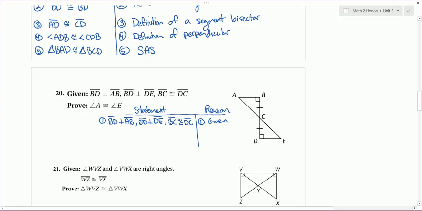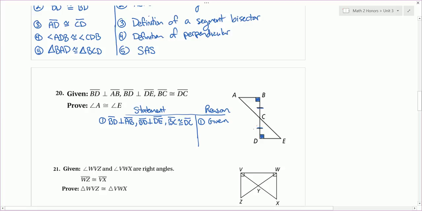So then let's take a look at our picture here, see where those things fall into place. So BD perpendicular to AB, so that's why we see that right angle here. Also BD perpendicular to DE, we see another right angle put there, and then it's marked BC and DC are congruent.